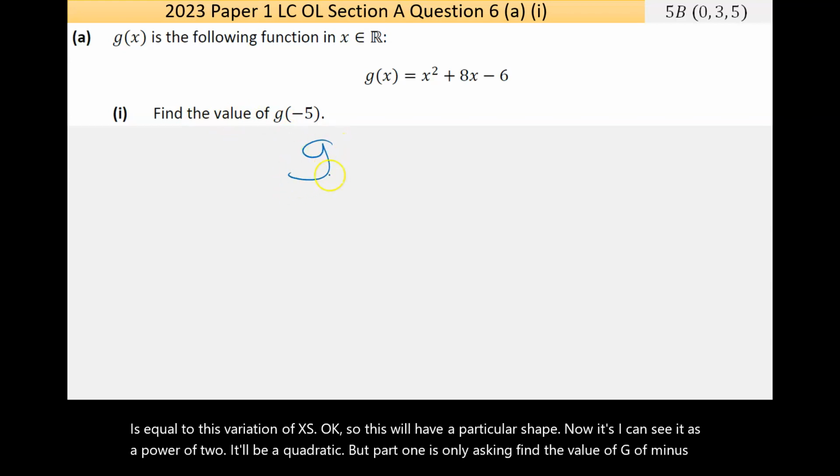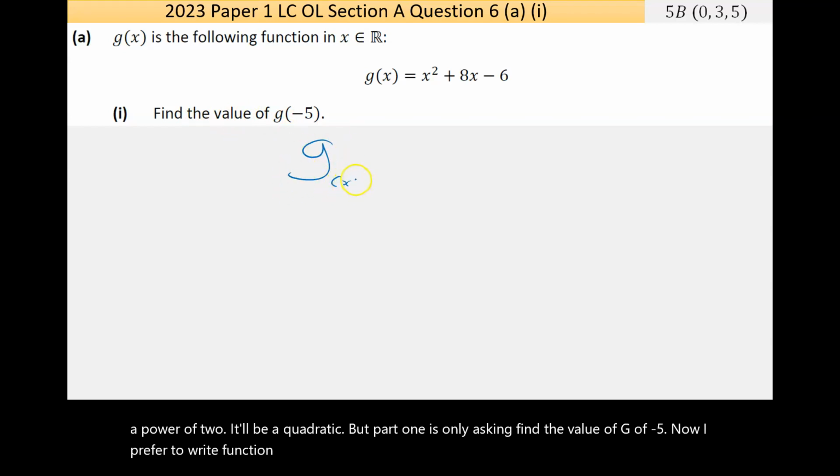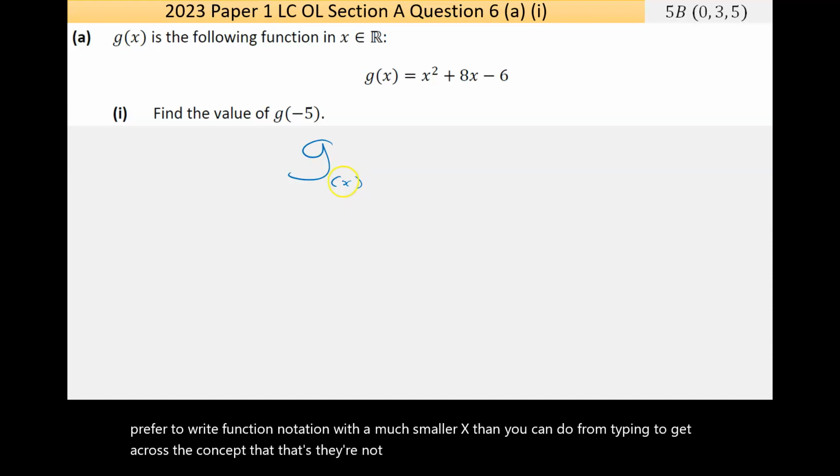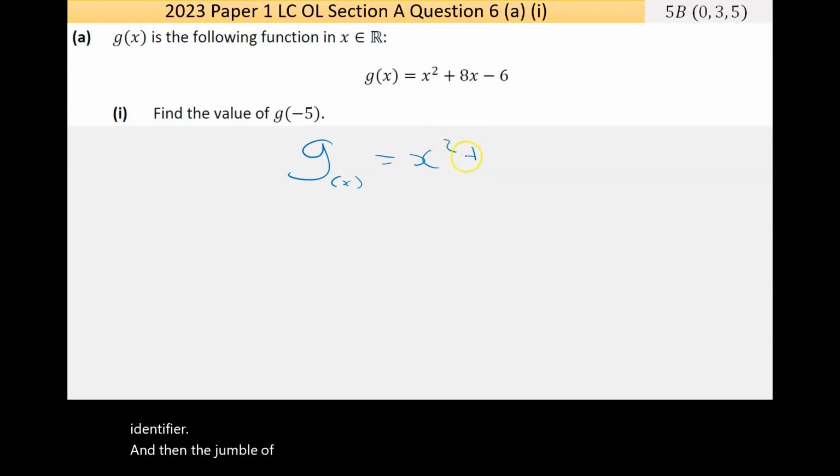Now, I prefer to write function notation with a much smaller x than you can do from typing, to get across the concept that they're not multiplied. This is just a subscript. It's almost an identifier. And then the jumble of x's is x squared plus 8x take away 6.